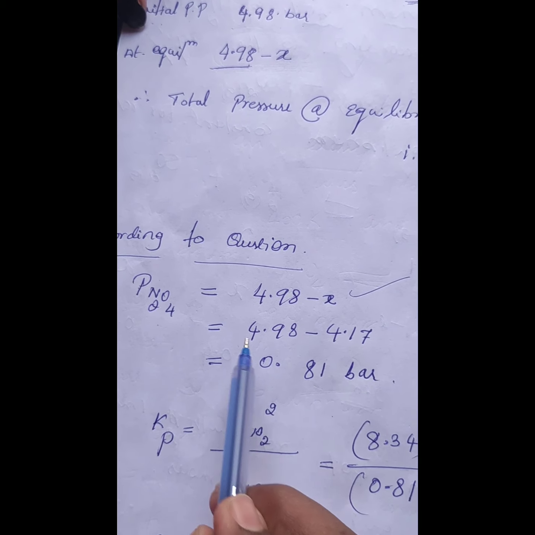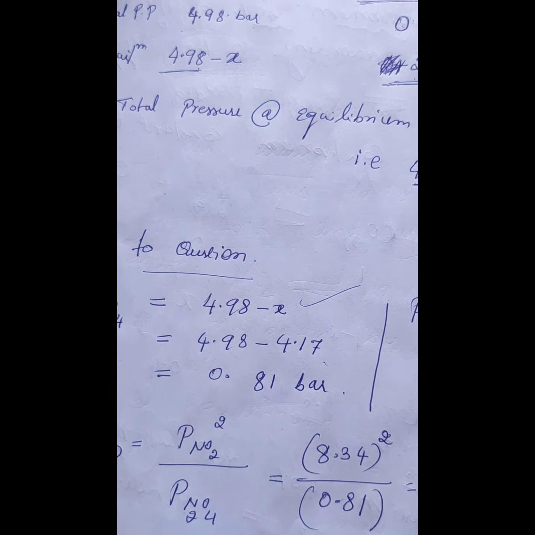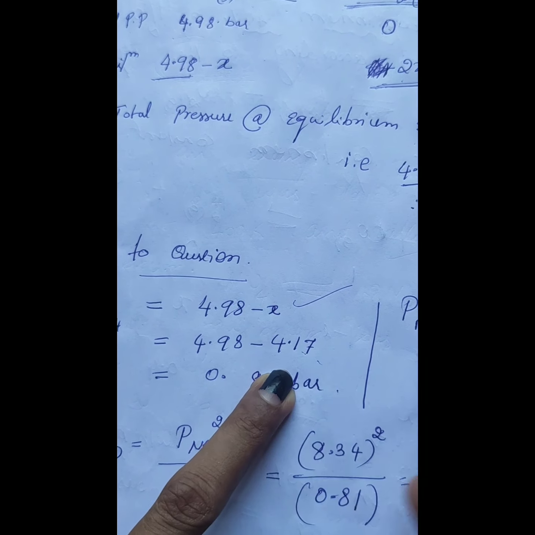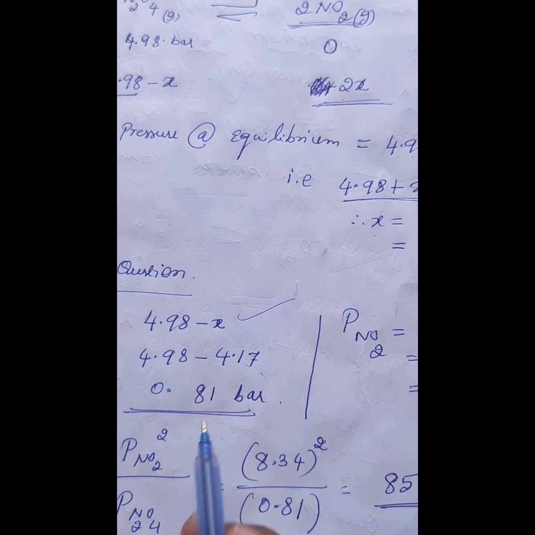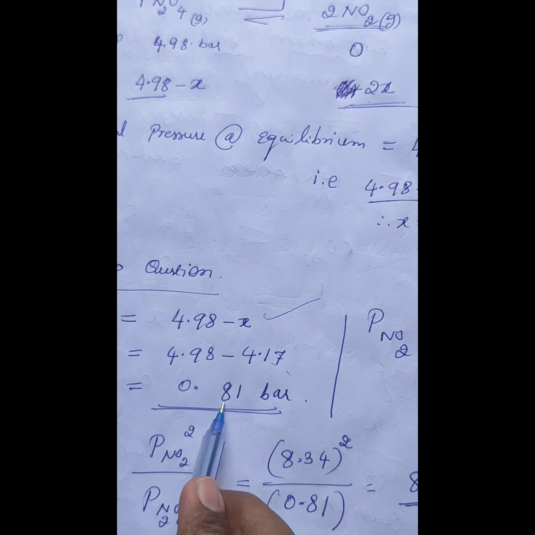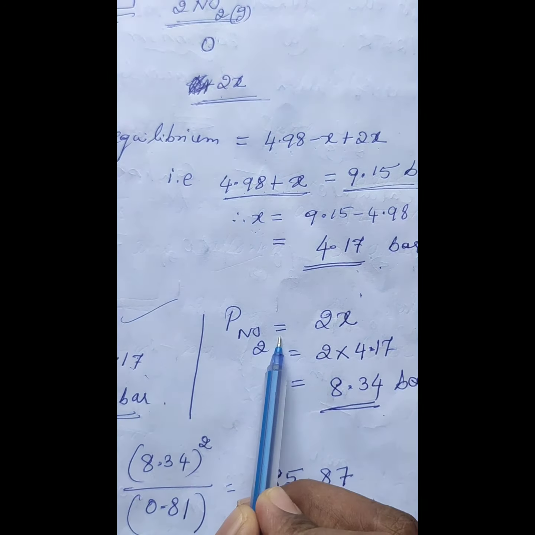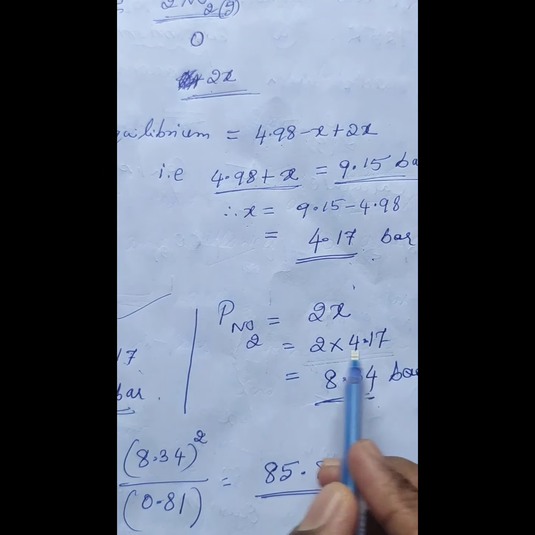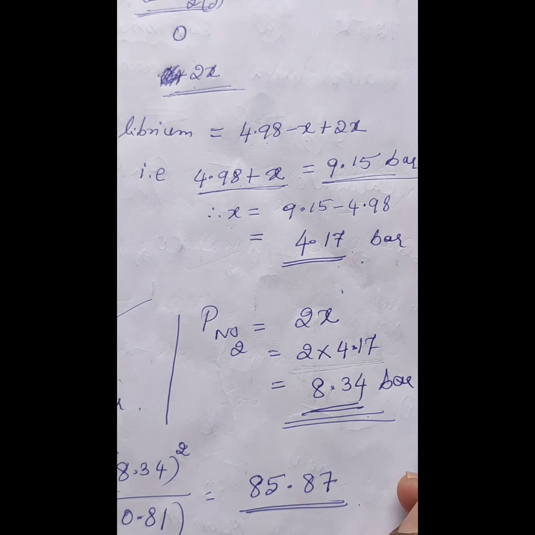The same thing I took, and I have substituted the value of x. 4.98 was initial, x was consumed, so based on the x value we derived, I have substituted, so the partial pressure for N2O4 obtained is equal to 0.81 bar. Similarly, the partial pressure of NO2 will be equal to 2x from the table. Substitute the value of x. Here you will get 8.34 bar.